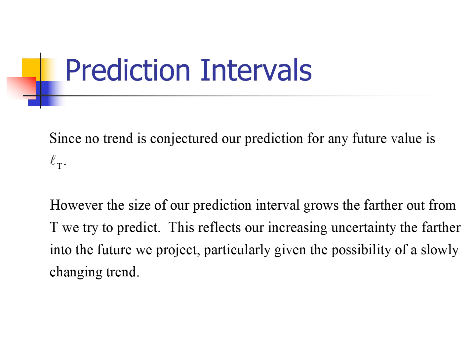All right, so let's talk about predictions. I have these. What do I do with them? Well, this particular model is conjecturing that there's no trend. So my prediction for any time point in the future is just going to be the level at time T. However, the size of my prediction interval is going to grow the further out from time T that I try to predict.